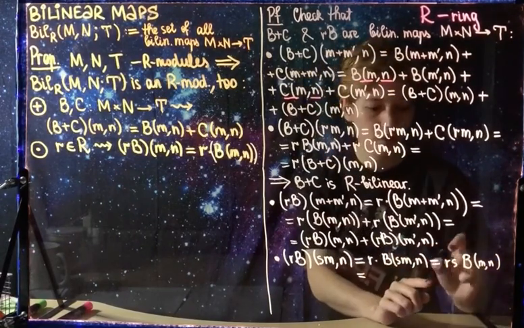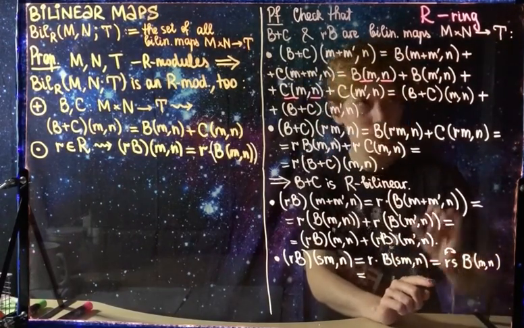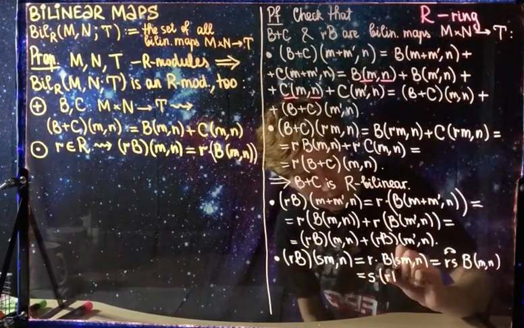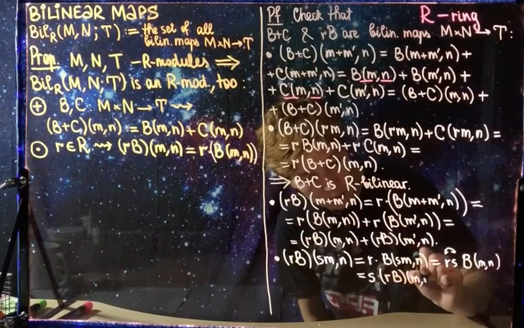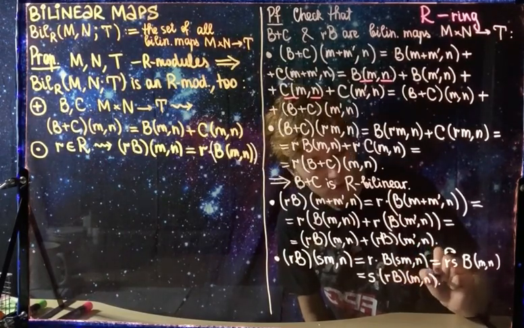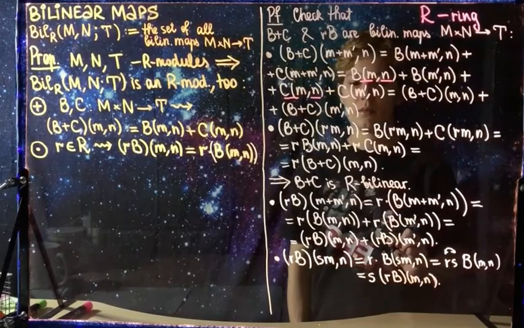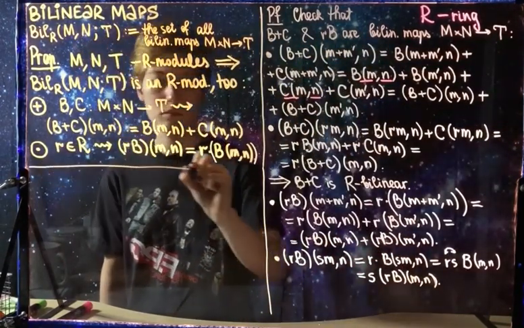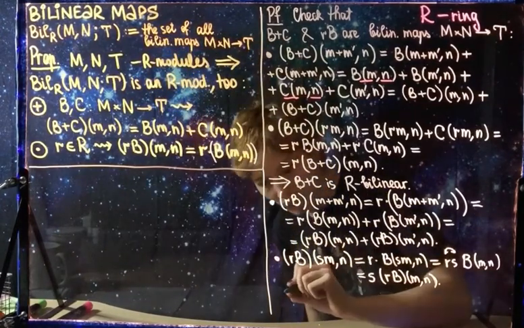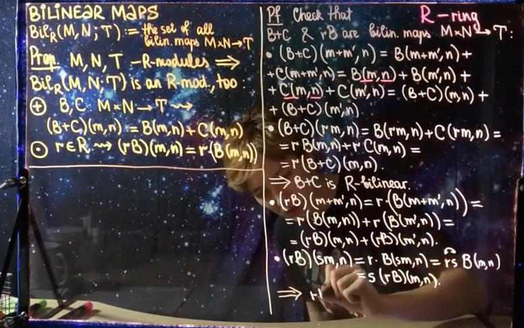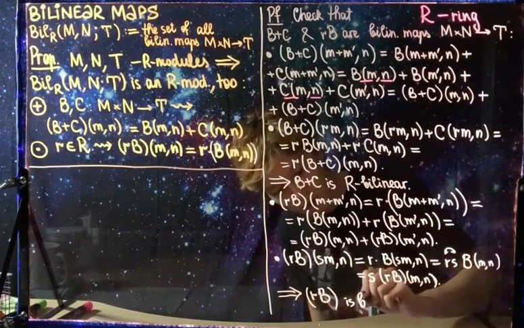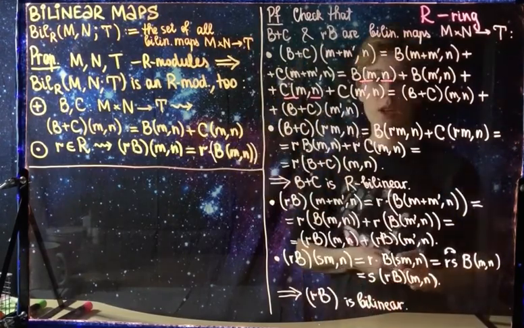And exchanging r and s, using that R is commutative, we get that this is equal to s times rB applied to m comma n. And so we proved that rB is also a bilinear map.